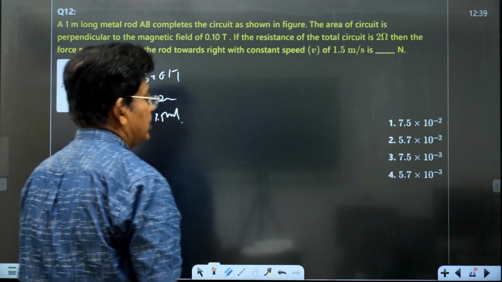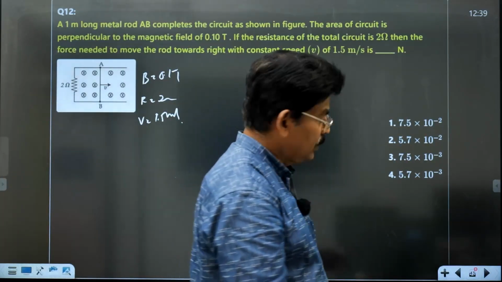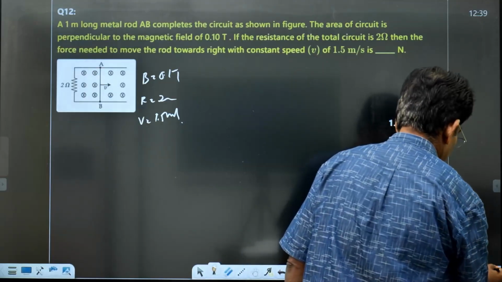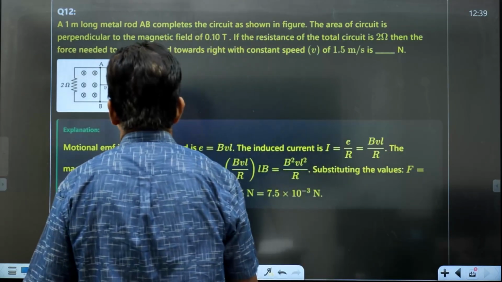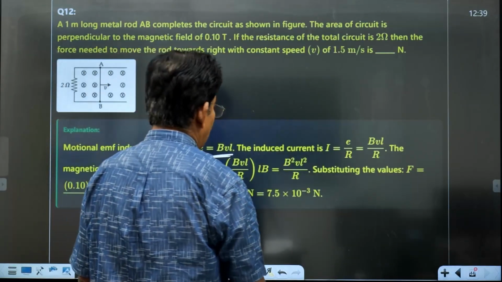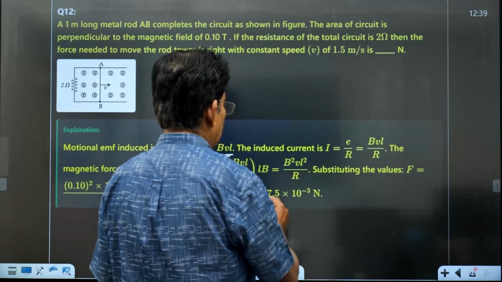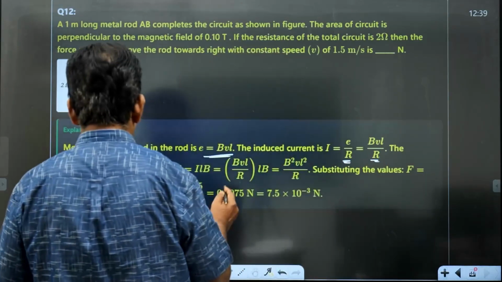Let us go to the explanation. We can easily get it. Keep the options in mind. Look, this is the rod moving, a BLV problem. The induced EMF is BLV and the induced current is E by R, that is BLV by R. We have done it earlier.